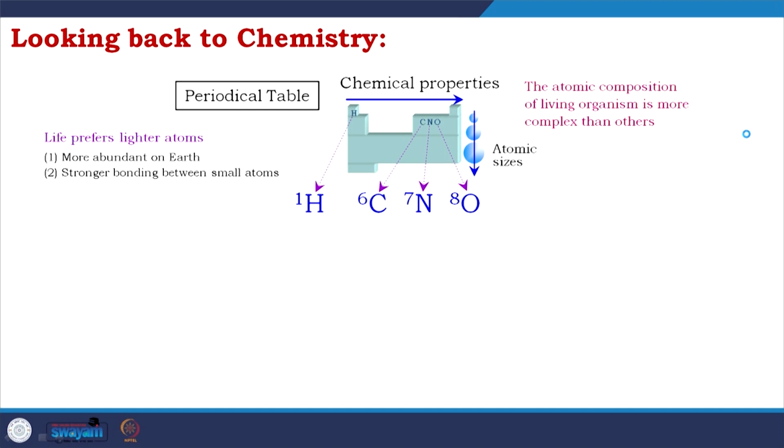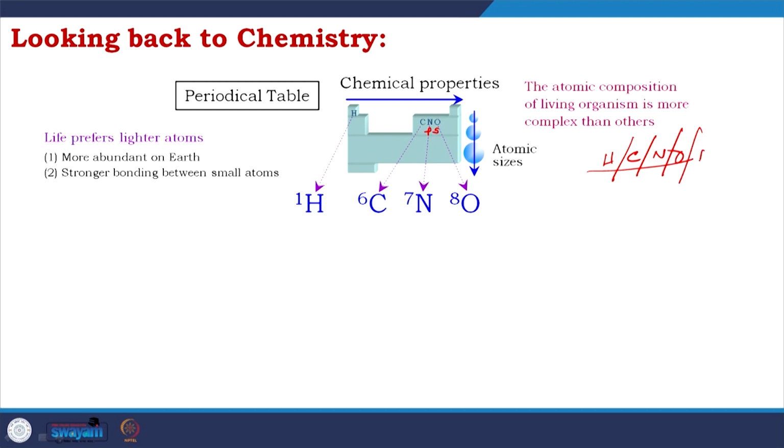We talked about that they take hydrogen, carbon, nitrogen, oxygen. You see DNA, you see carbohydrate, you see lipid, and you see protein. You will see these three plus hydrogen, these four, and then in the periodic table there is phosphorus and there is sulfur.